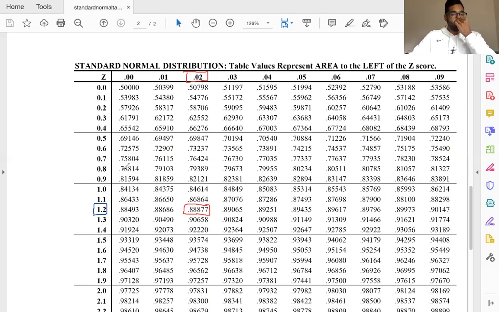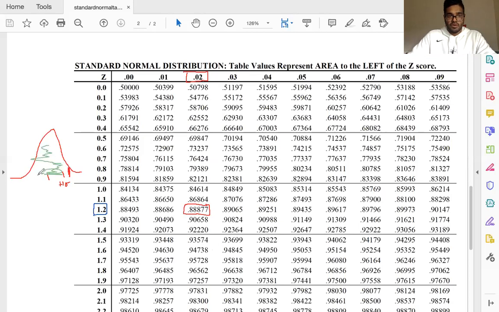One thing I want to mention is that when you're looking at this graphically, here's your distribution, and here's your mean in the middle. Here's one deviation, plus 1 sigma. So 1.22 is going to be right here, roughly. This 88% represents all the area to the left.